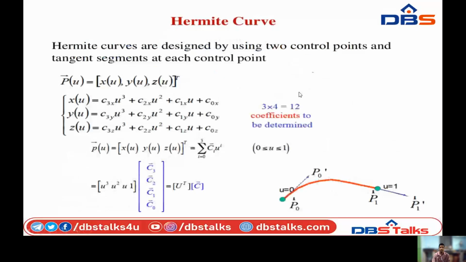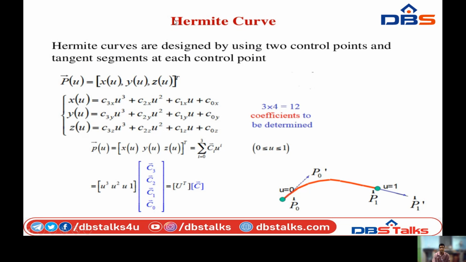Up to now we have discussed the order of continuity and basic concepts of curve representation. From this slide we are discussing the Hermite curve. These are related to synthetic curves.